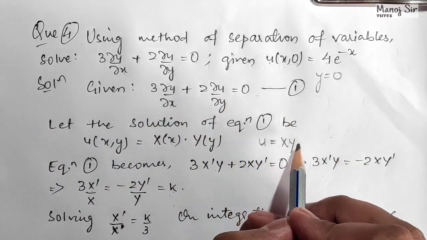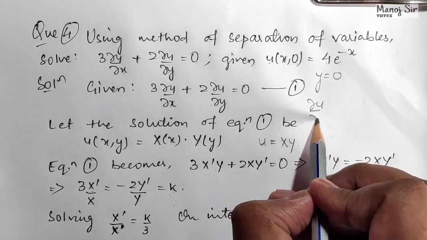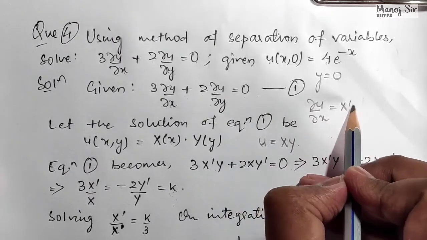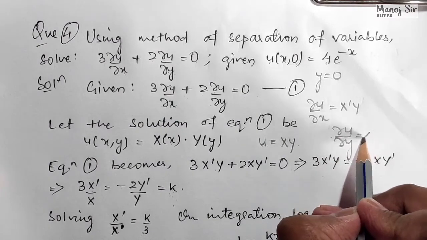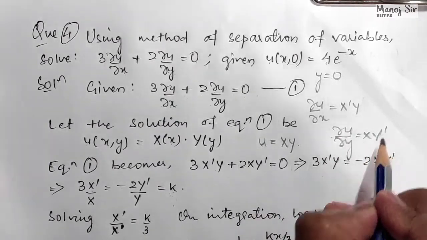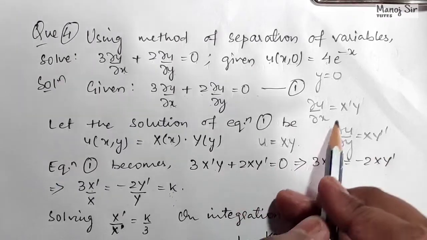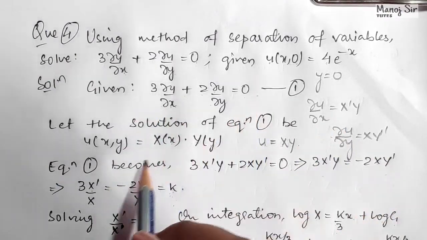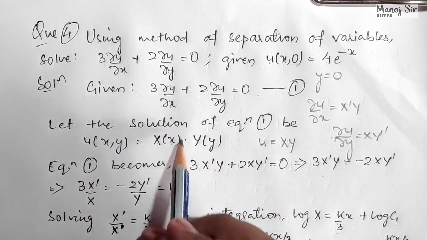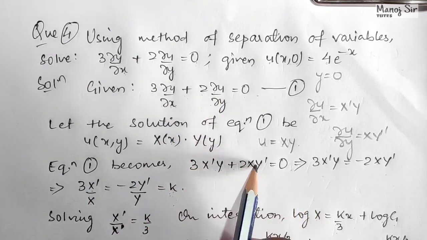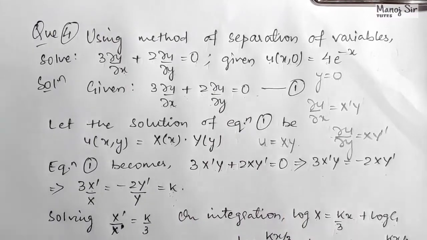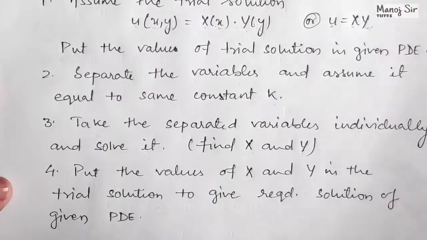When u equals to X into Y, it means del u upon del x equals to X dash Y, and del u upon del y means X into Y dash. So putting this in equation 1, equation 1 becomes 3 into X dash Y plus 2 X Y dash equals to 0. Now let us see what should be my next step.